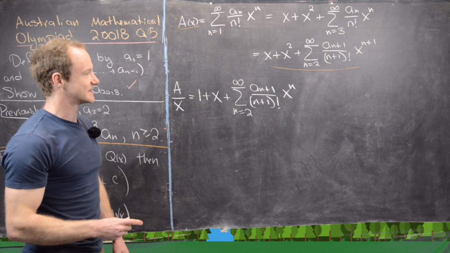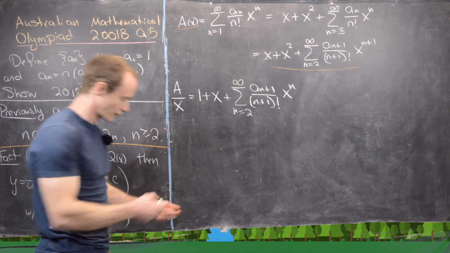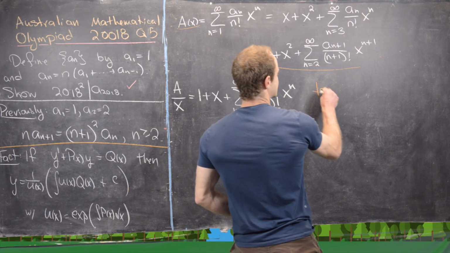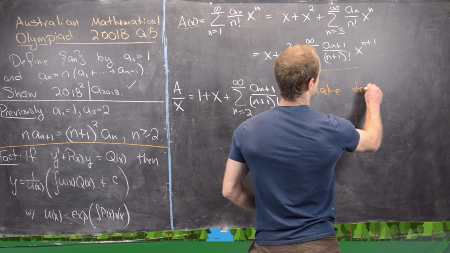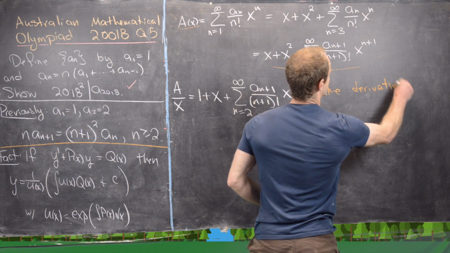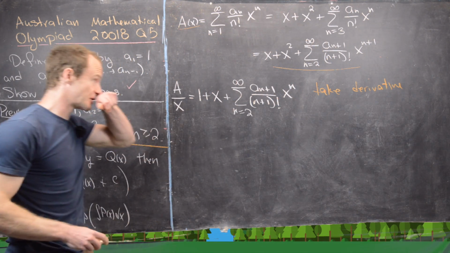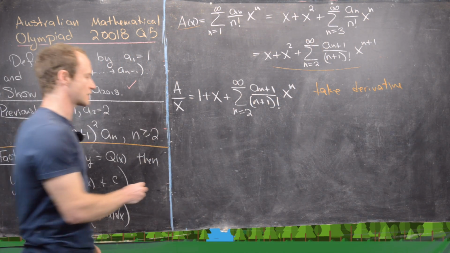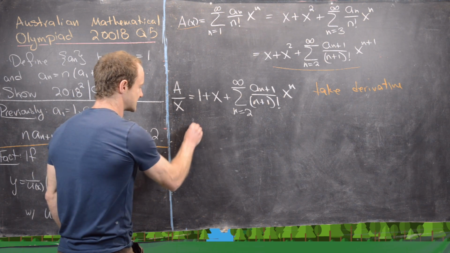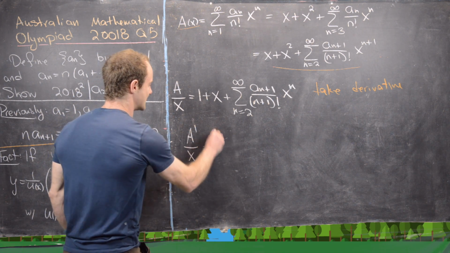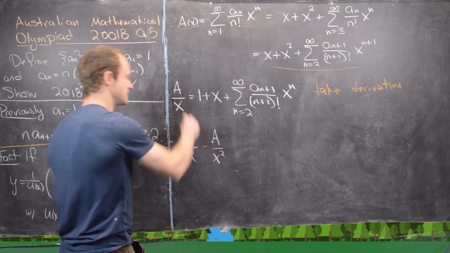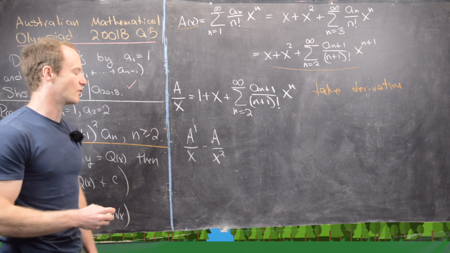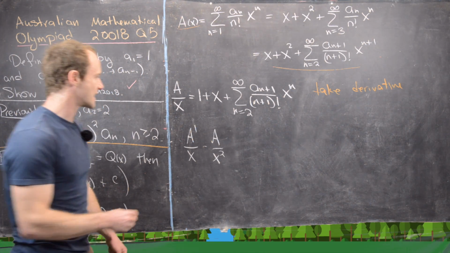Okay, fantastic. Now what we want to do is take the derivative of this. So take the derivative of both sides of this equation, and notice we have to use the product rule over here, so that's going to give us a prime over x minus a over x squared. So that's pretty easy to see. The derivative of 1 over x is minus 1 over x squared.